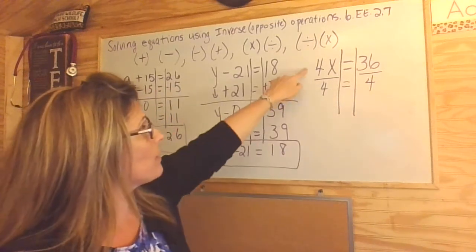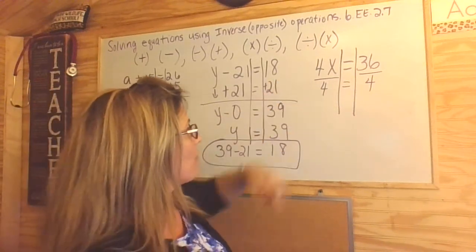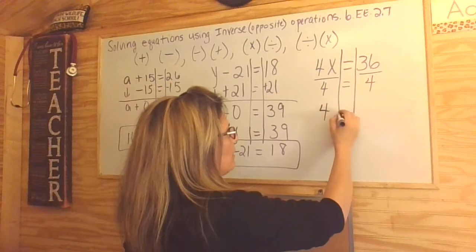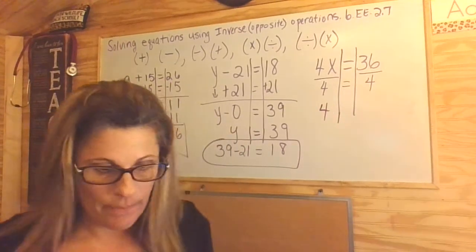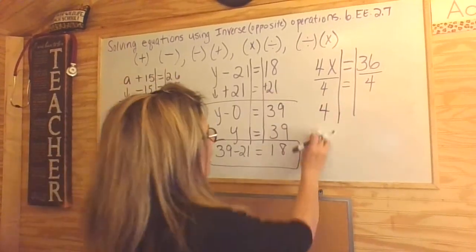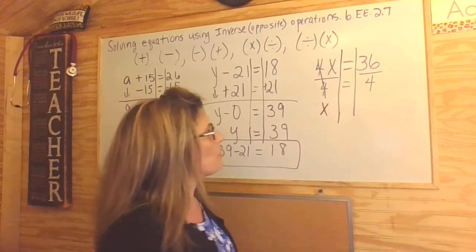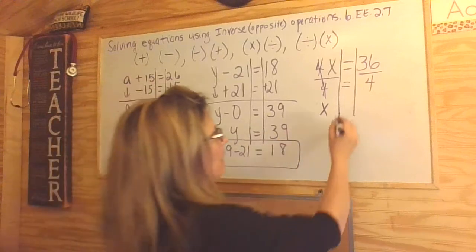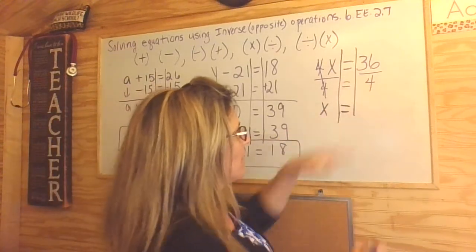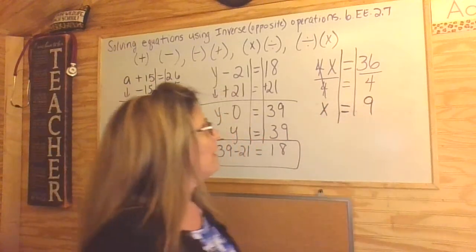So now I have 4x divided by 4 is x, because 4 divided by 4 is 1. I have 1x equals 36 divided by 4, which is 9.